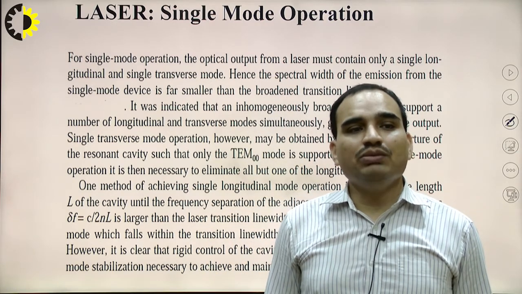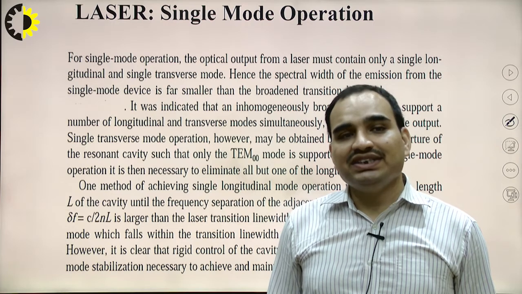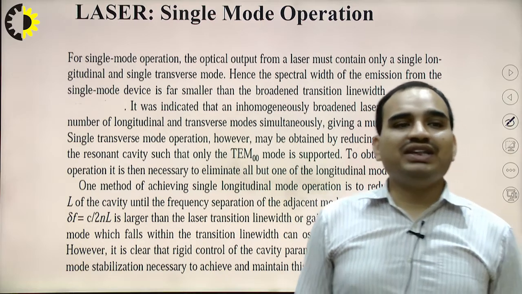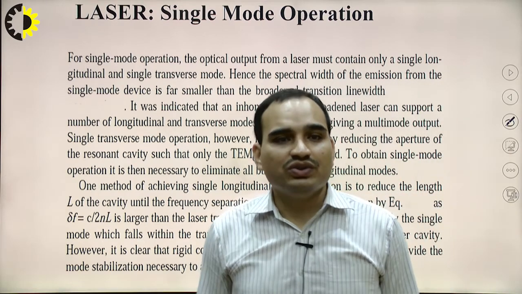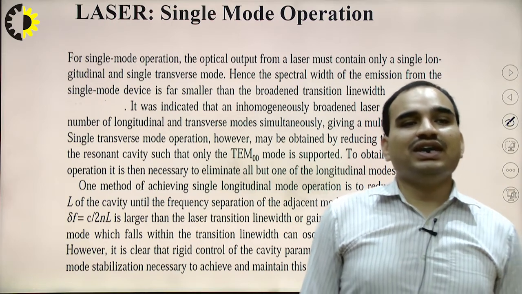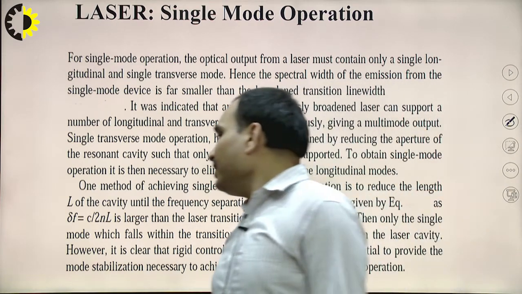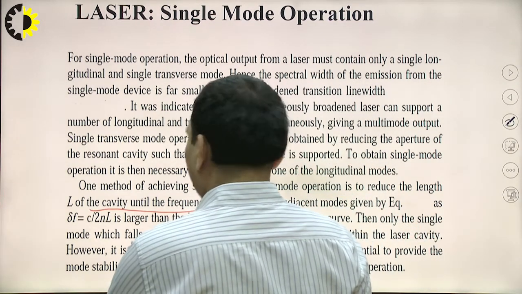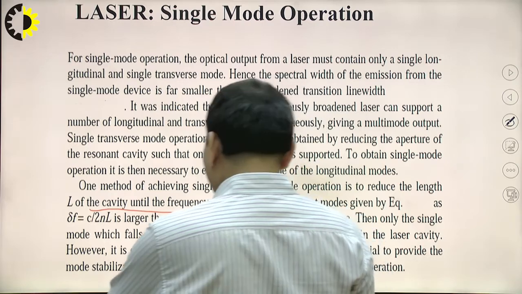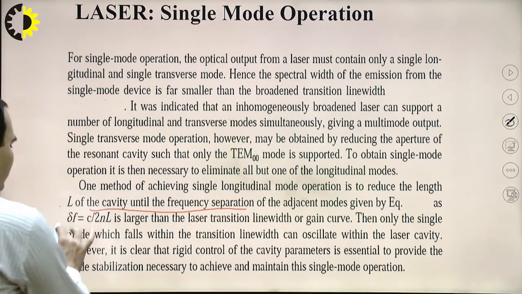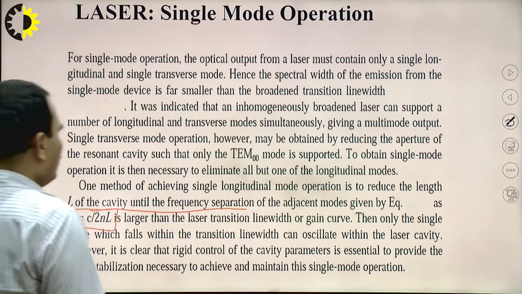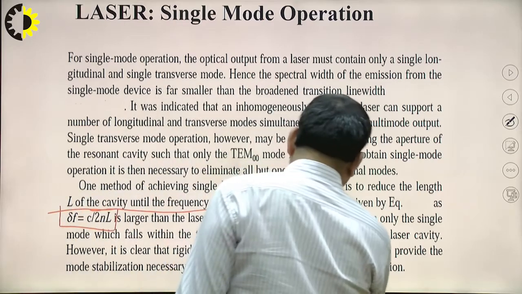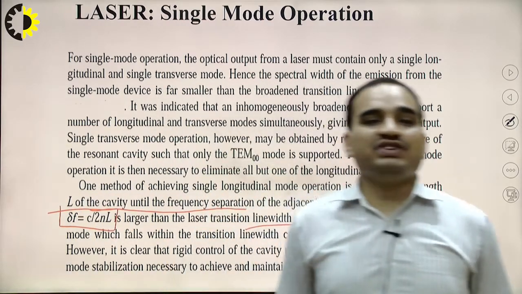To obtain single mode operation, it is then necessary to eliminate all but one of the longitudinal modes. One method of achieving single longitudinal mode operation is to reduce the length, that is capital L, of the cavity until the frequency separation of adjacent modes, given in the equation as we know, ΔF = c / 2nL, is larger than the laser transition linewidth, that is the gain curve which we have seen in the previous slides.